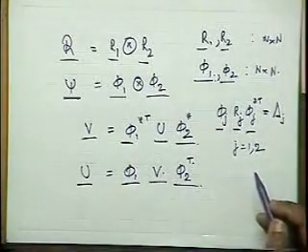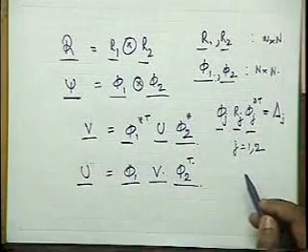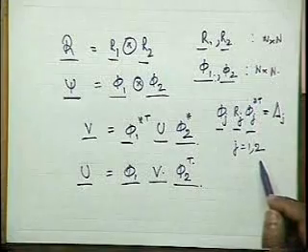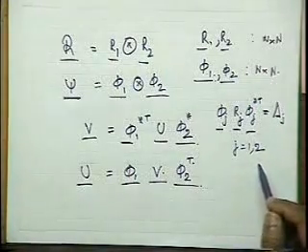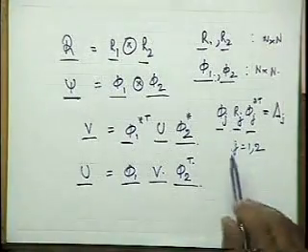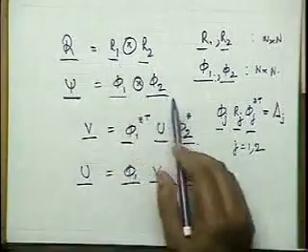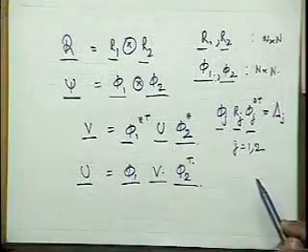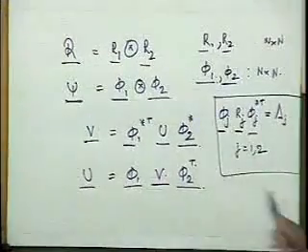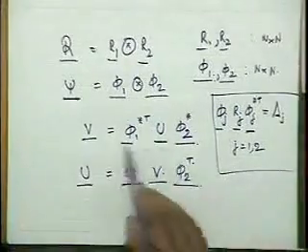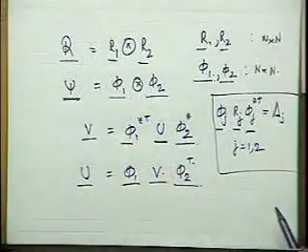That means individually phi 1 star is going to be the eigenmatrix for R1, and phi 2 star is going to be the eigenmatrix for R2. This must be satisfied while forming the Kronecker products, and if that is satisfied, then we write this relationship.